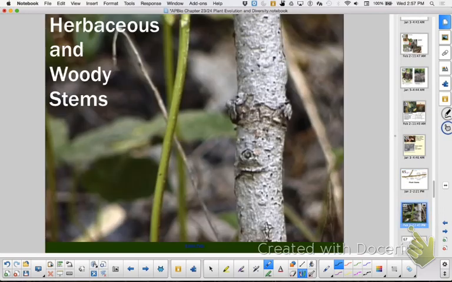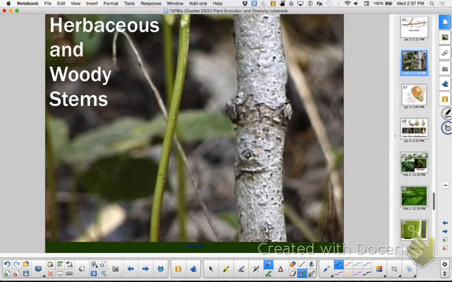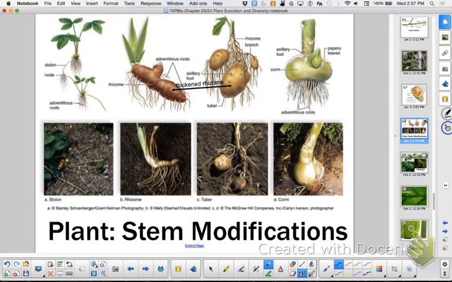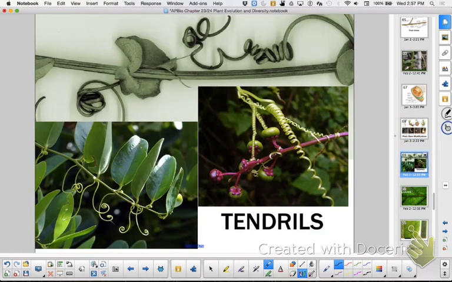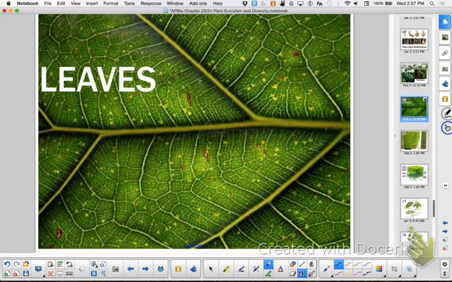Okay? We looked that they're herbaceous, they're woody stems. There are underground stems, horizontal stems that are different adaptations. Then we moved on to tendrils, curling stems. Then we moved on to leaves. Is this a monocot or a eudicot? How do you know that?